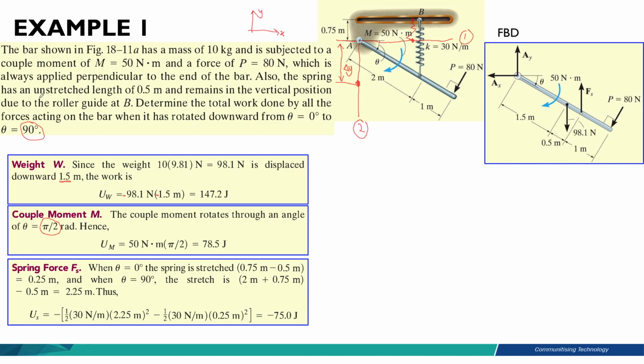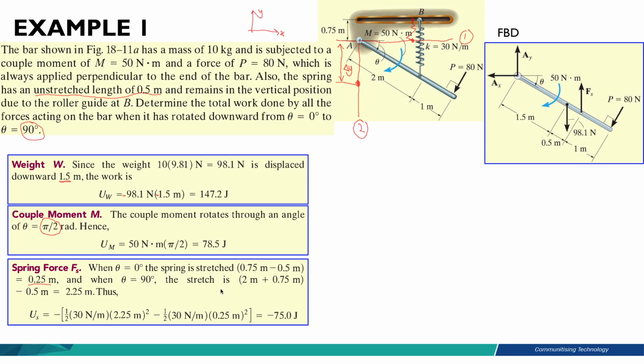It says here that the spring has an unstretched length of 0.5, which means that initially at theta equals 0, the spring has already been stretched. Therefore, at theta equals 0, S1, the stretched length of the spring, is 0.75 minus the unstretched length of 0.5. So we have 0.25 at position 1.